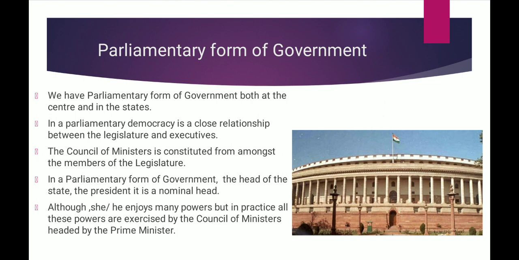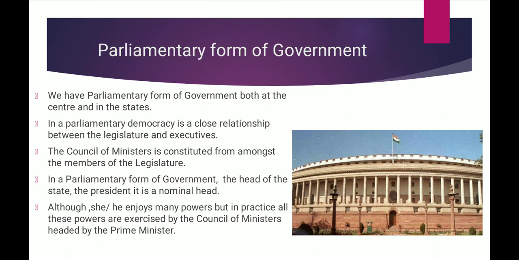In a parliamentary democracy, legislature means MPs and MLAs, who are the members of the legislature. Executive means the government officers who are appointed by the government for a long period. They work with a close relationship.